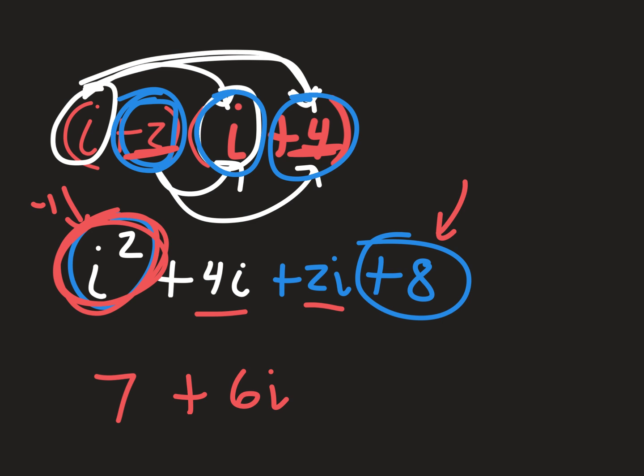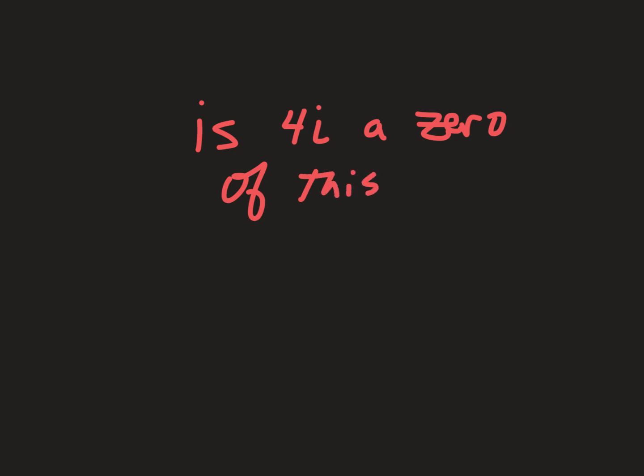All right, then the last one. Is 4i a 0 of this function?